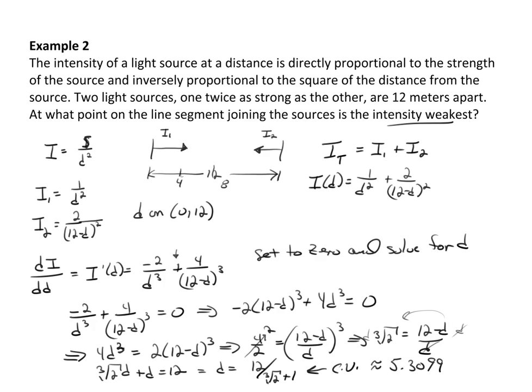Now I'm going to do what I always do. I'm going to take a look at I prime of d, and I'm going to work with my critical value, 5.3099. Pick a value smaller, how about 1? When I evaluate the first derivative, I get a negative value.